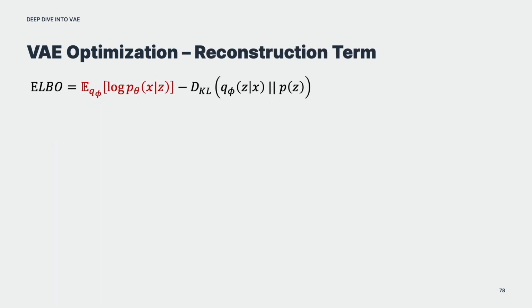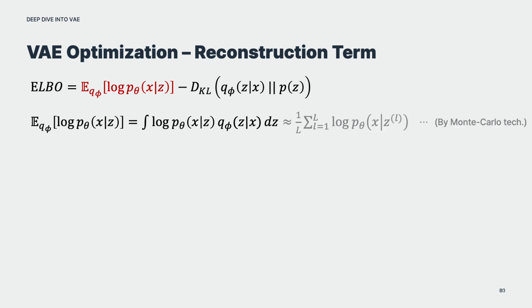Let's first take a look at the first term of the ELBO, commonly referred to as the reconstruction term. This expectation can be expressed as an integral, and we estimate this term using Monte Carlo techniques.